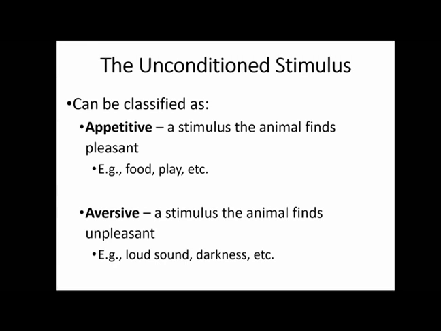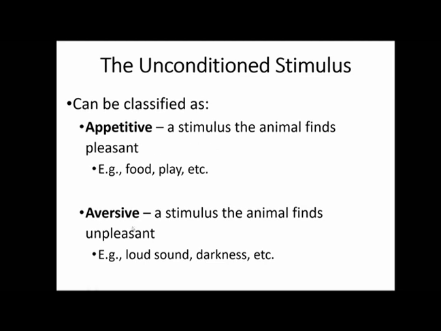And now when we're talking about these unconditioned stimuli, we can categorize them a couple of different ways. So we can classify them as appetitive, a stimulus that the animal finds pleasant, things like food or play, things they'll enjoy.